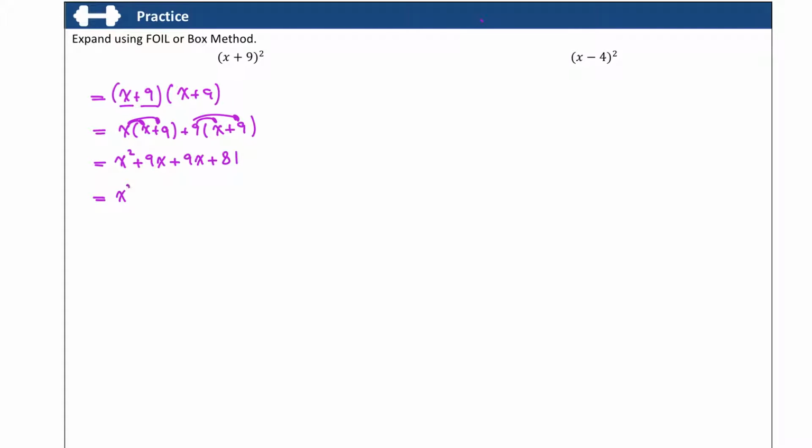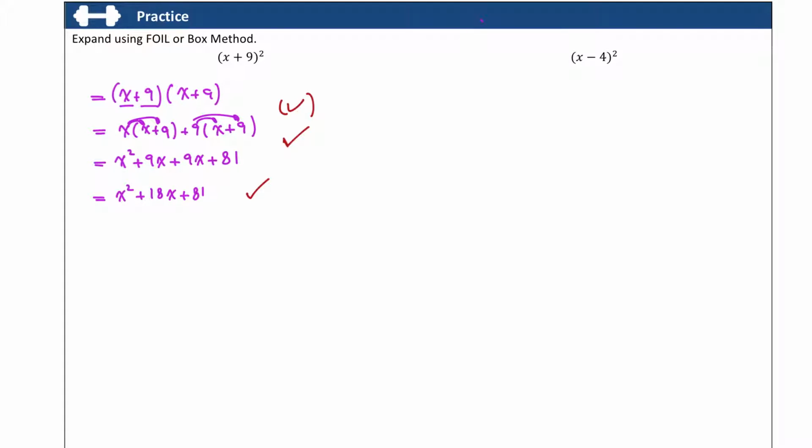And I get x squared, 9x plus 9x is 18x, and I get 81 here. Just make sure you're always showing one method and one final solution, and one check mark there, either for the method itself or the simplification, or making sure that you're simplifying the answer at the end.